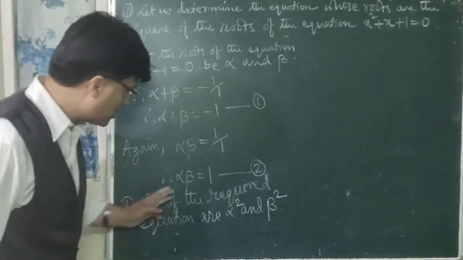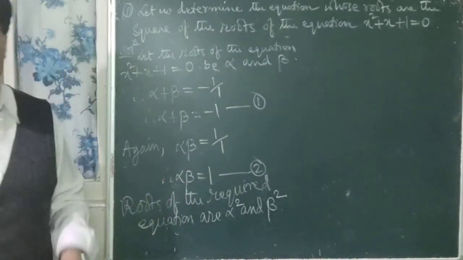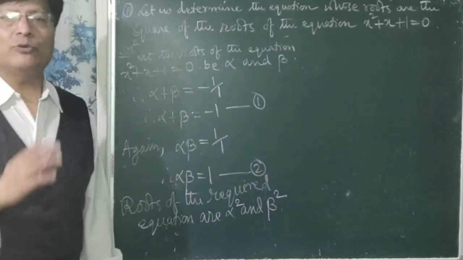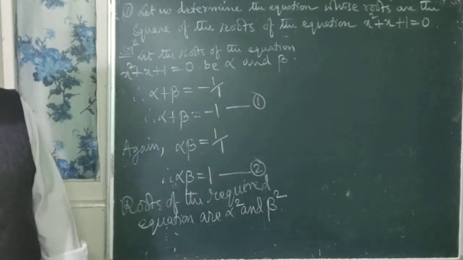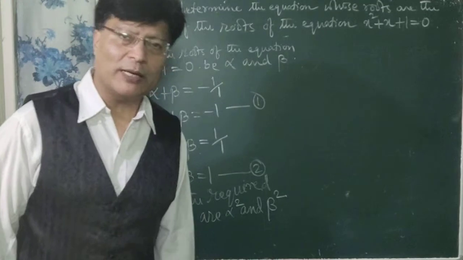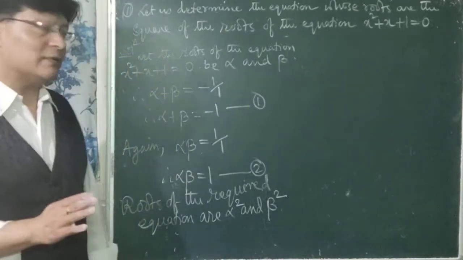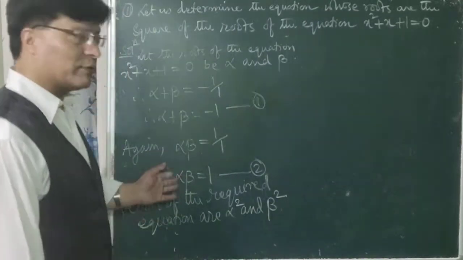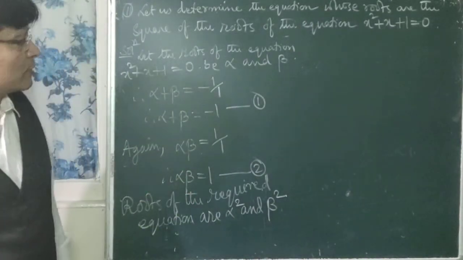So the roots of the required equation are alpha square and beta square. And you know how to get the equation. There is a formula. What is that formula? X square minus sum of the roots into x plus product of the roots. So we have to find out sum of the roots as well as product of the roots.